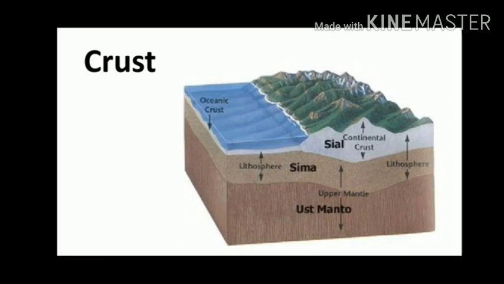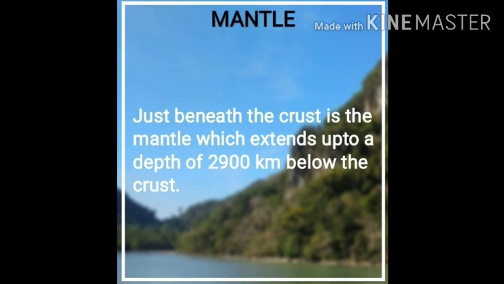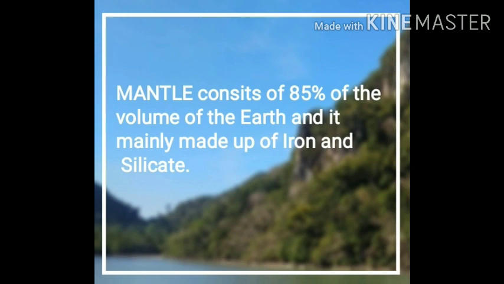and Sima. Now we see the second layer of the earth, that is mantle. Just beneath the crust is the mantle, which extends up to a depth of 2900 km below the crust. Mantle makes up 85% of the volume of the earth, and it is mainly made up of iron and silicate.